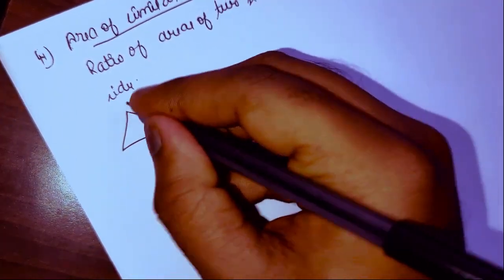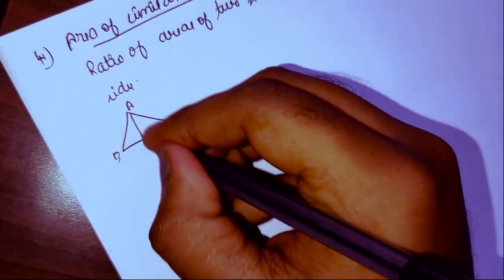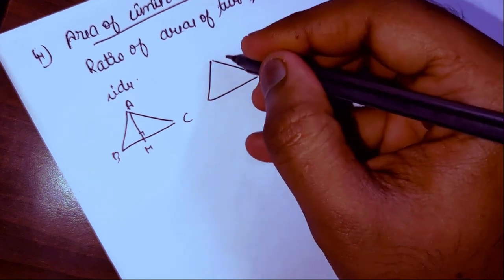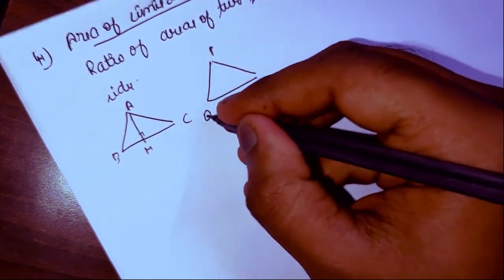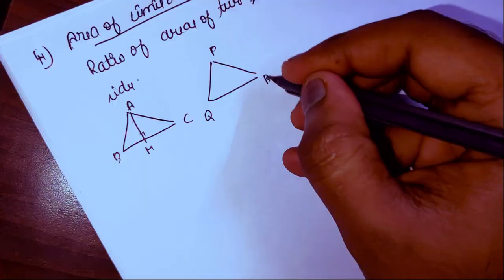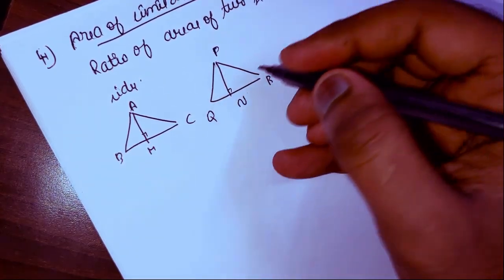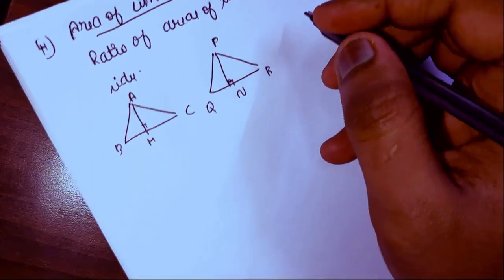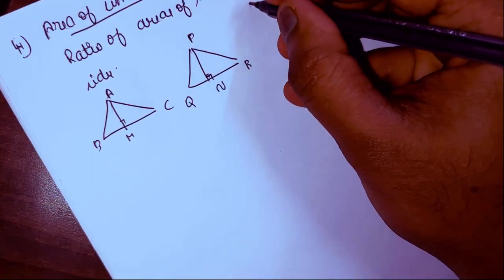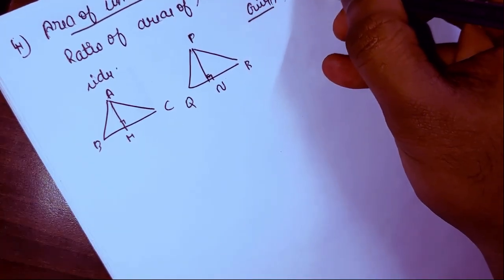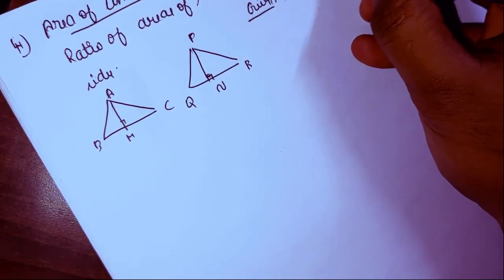We'll take two triangles here, ABC and PQR, with M and N as right angles. Now what is given? Triangle ABC is similar to triangle PQR.